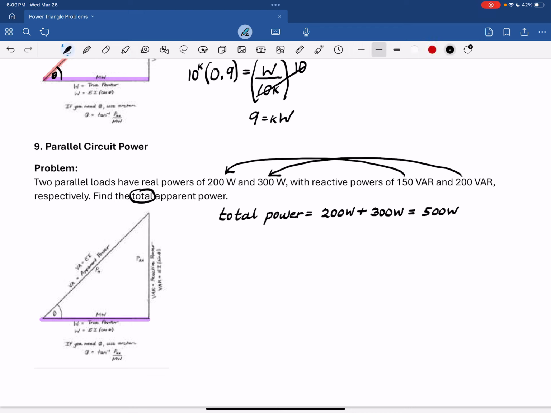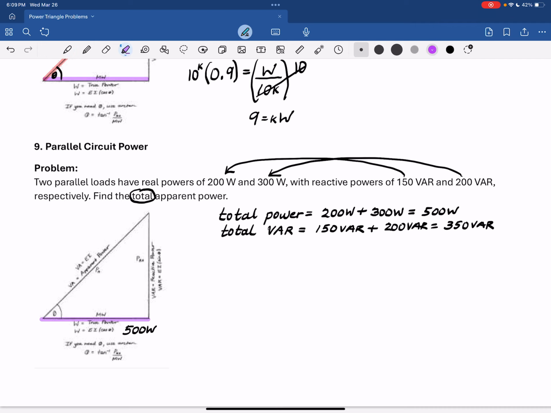So I'm going to plug in 500 W for this one. And then I'm going to find the total reactive power. And reactive power is VAR. So we're going to say 150 VAR plus 200 VAR is 350 VAR.